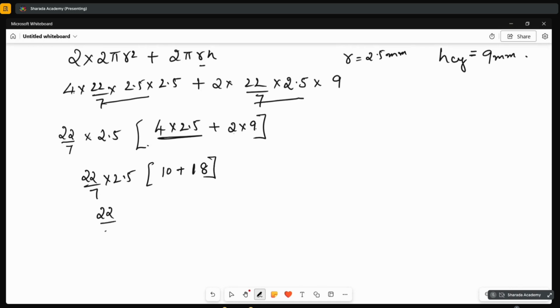So 22 by 7 into 2.5 into 28. 7 ones are 7, 7 fours are 28, 4 into 22 is 88, 88 into 2.5. You will get it as 220 mm square.